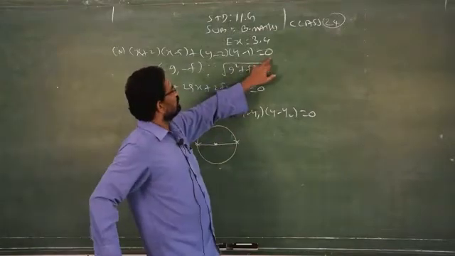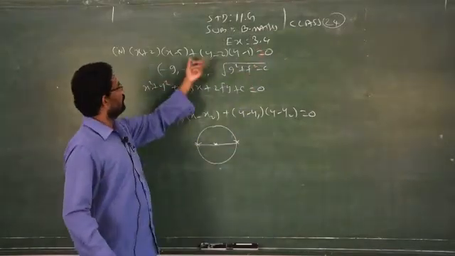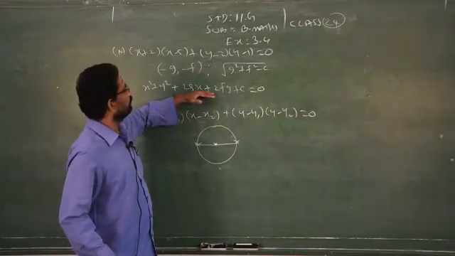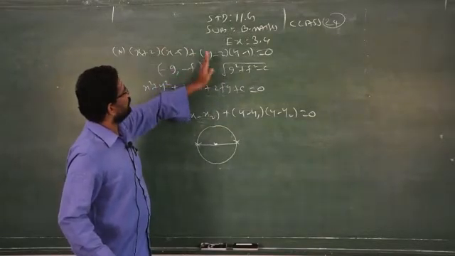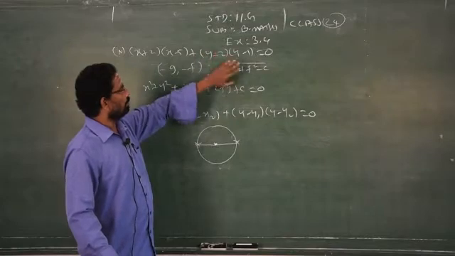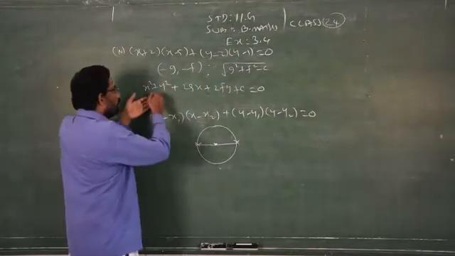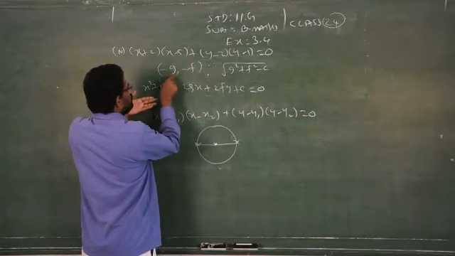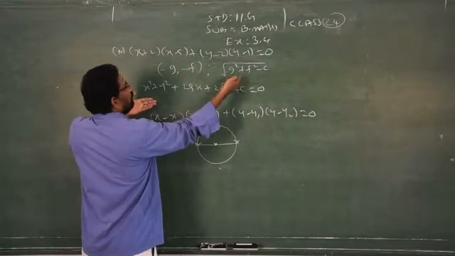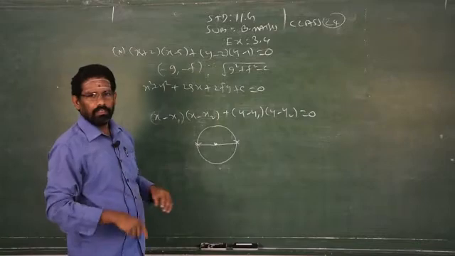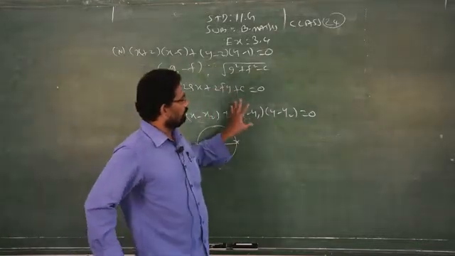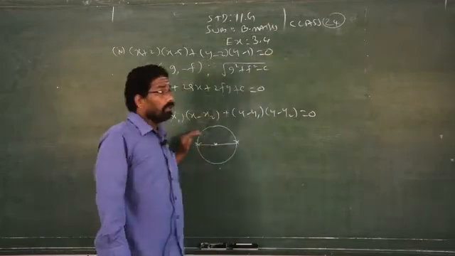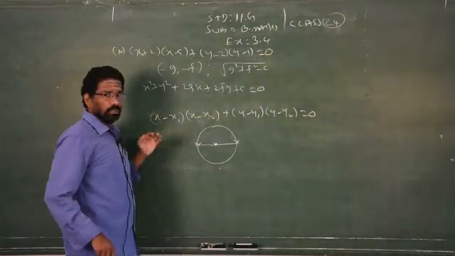If there is a constant other than 0 in the same question, then there is no way. You have to do the multiplication, adding and all the basic arithmetic operations, bring it into the standard form of the equation of the circle, then you find g and f and the radius. Clear? So this method is only when the right side is equal to 0.